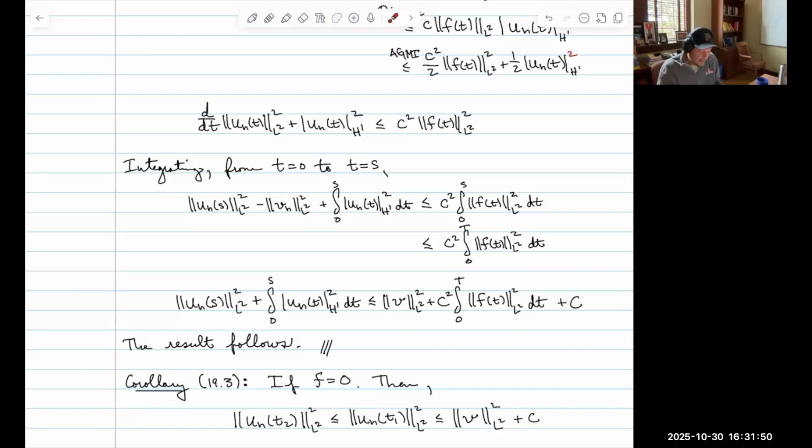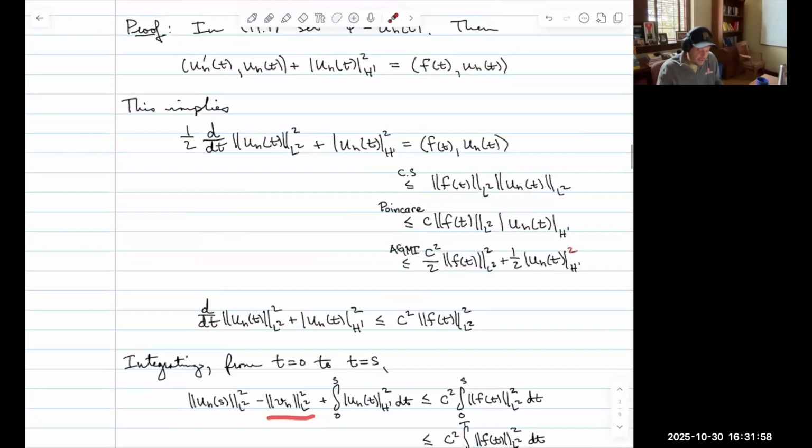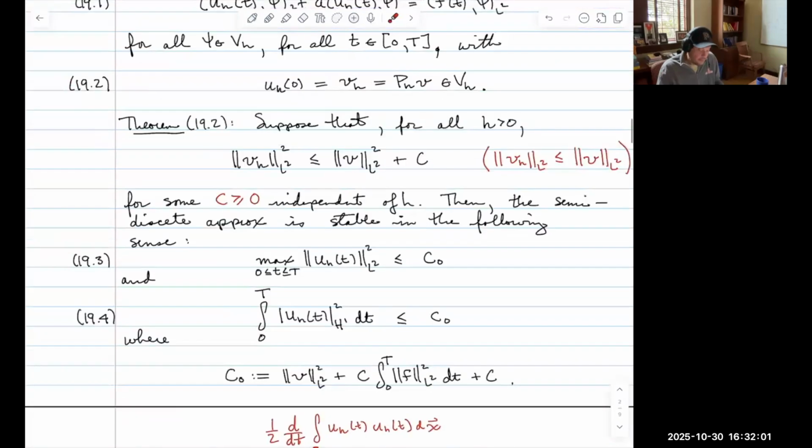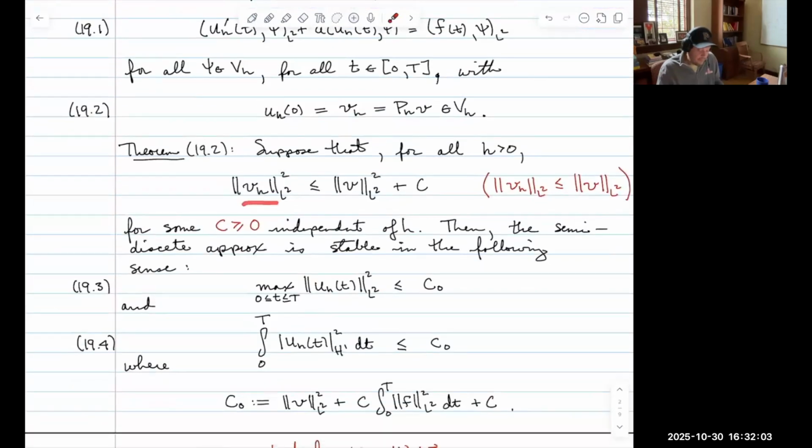After doing that, next I'm going to take this and move it to the right-hand side, and then estimate that term. Instead of VH, I'm going to replace it by the L2 norm of V squared plus a constant.